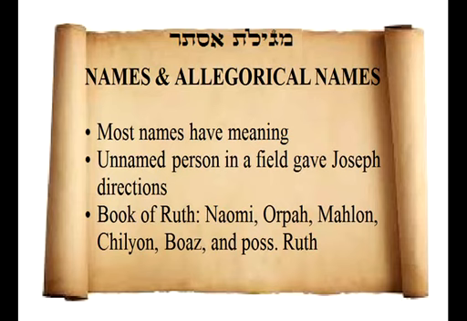Machlon comes from the word machala, or sickness, and Chilion comes from the word meaning finished, lechalot, chila. So Machlon effectively is sicko, and Chilion is goner, as both of them die in Moab and never return, and apparently do not have children.